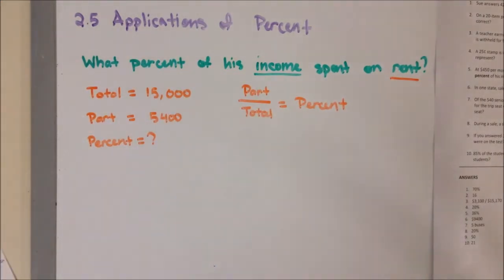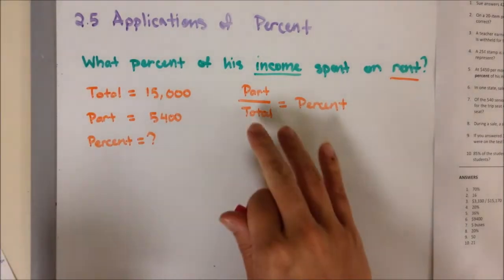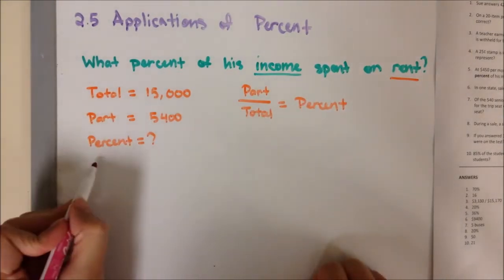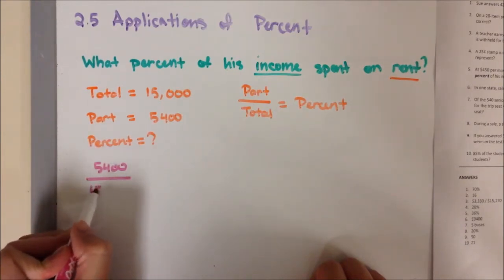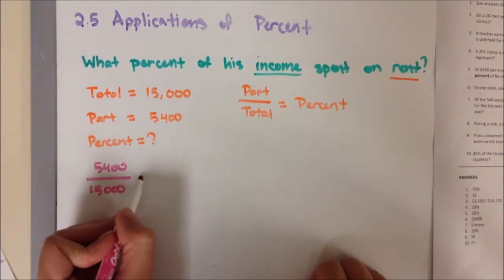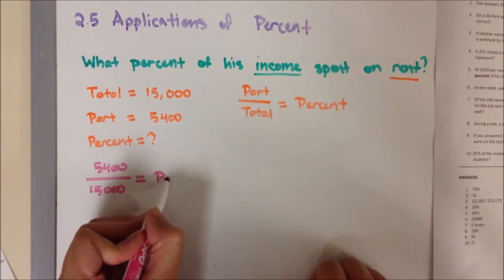Keep in mind that since we're working with percent, if you were to work this out in a calculator, it will give you a decimal value. So pay very close attention. Make sure to take note of how to go from decimal to percent and vice versa. I'm going to set up the equation: part, 5,400 on the top, and 15,000 on the bottom, the denominator, looking for percent.